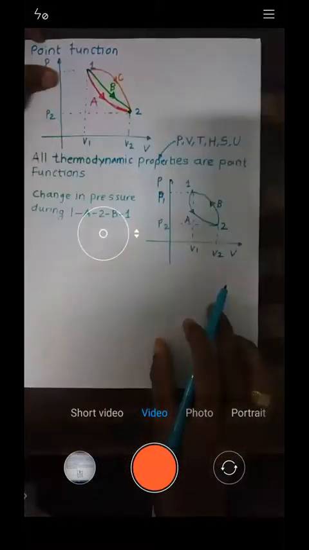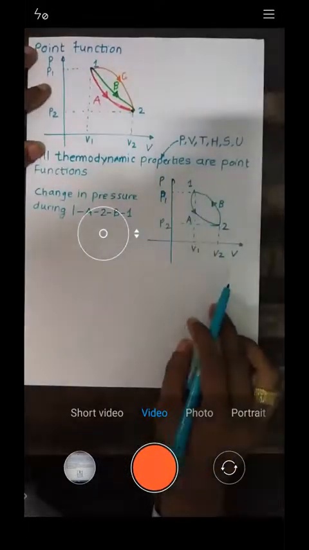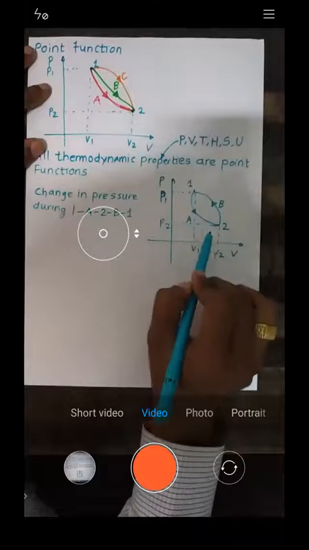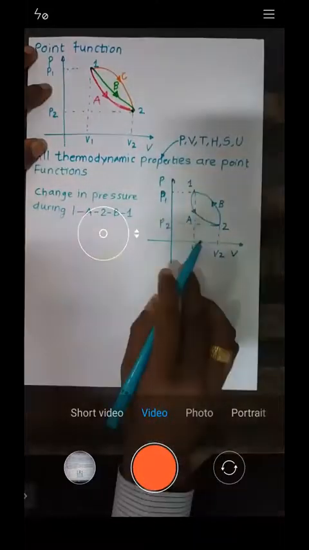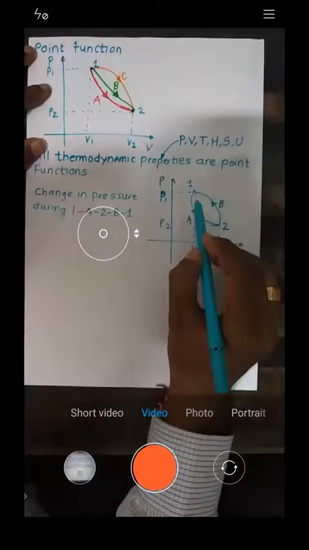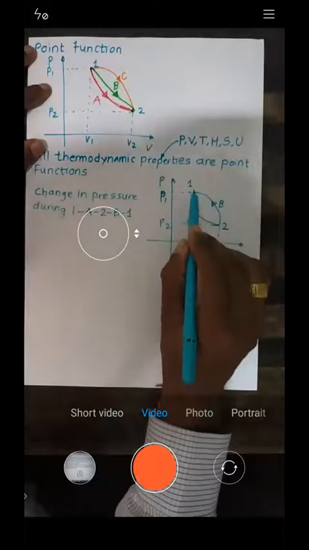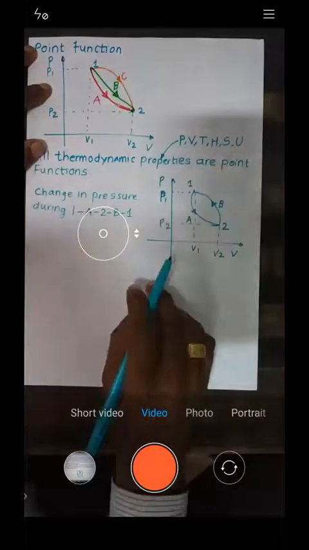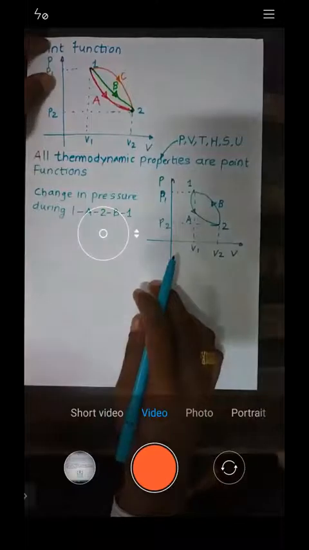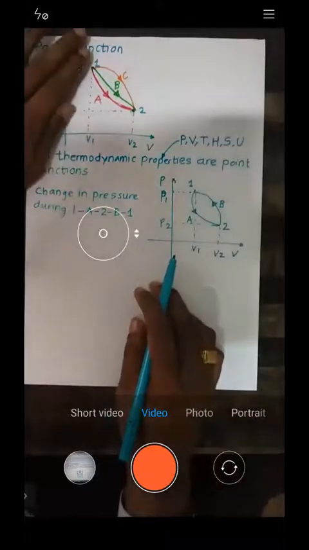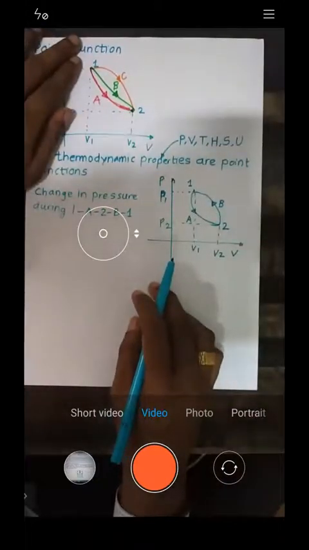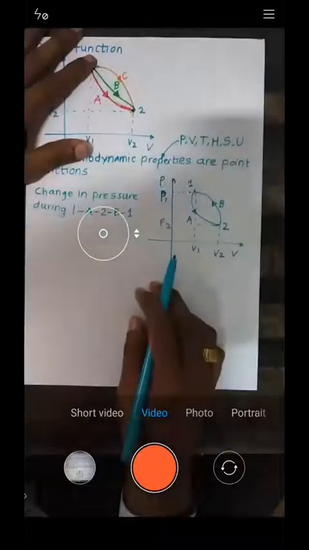Can anybody tell me? When the system starts from point number 1, and when it again returns to point number 1, then what is the change in pressure? Have you got my question? Yes, sir. In total, there is no change, sir.